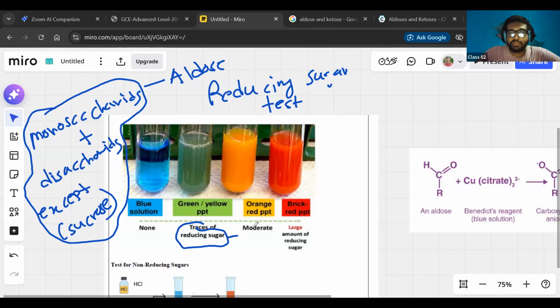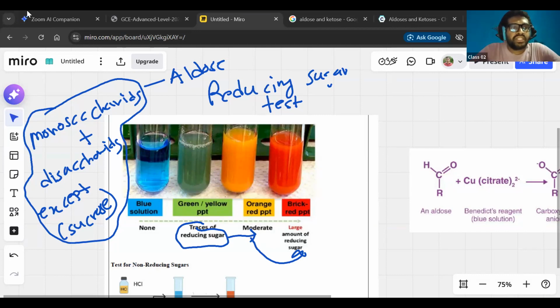If there is a little bit more, it will form an orange precipitate, and even more, a brick red precipitate. If we don't have any reducing sugar in the solution, it will remain blue. So by doing this test, you can identify whether a sample contains a reducing sugar.